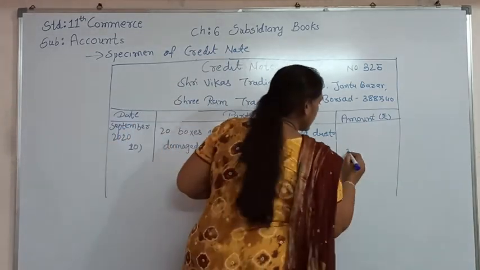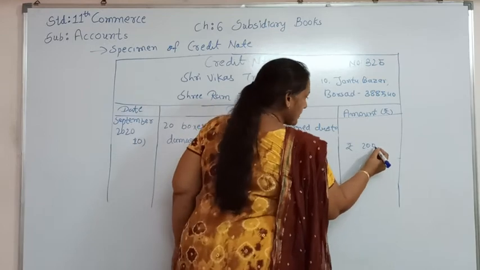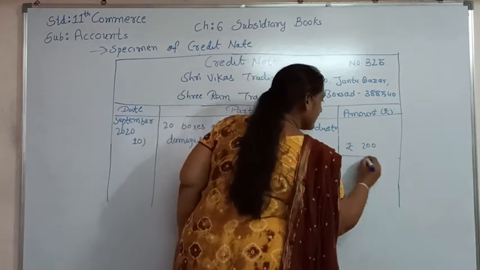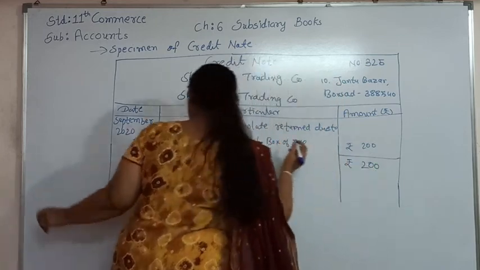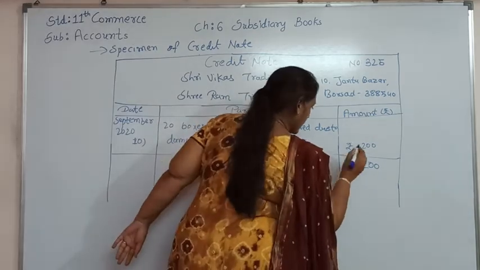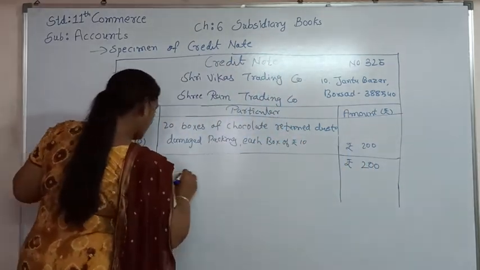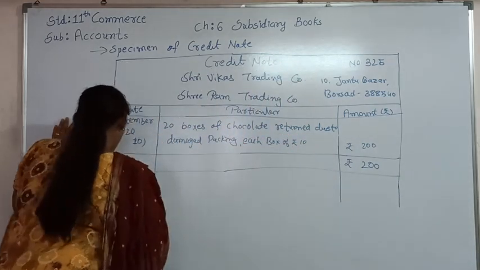So it will be ₹200. So here again ₹200, and let's make the total. So the total is ₹200, and here we are going to write the signature of the person on the downside of the credit note.